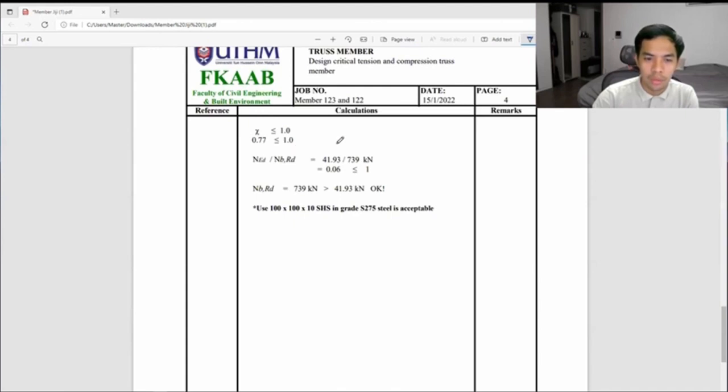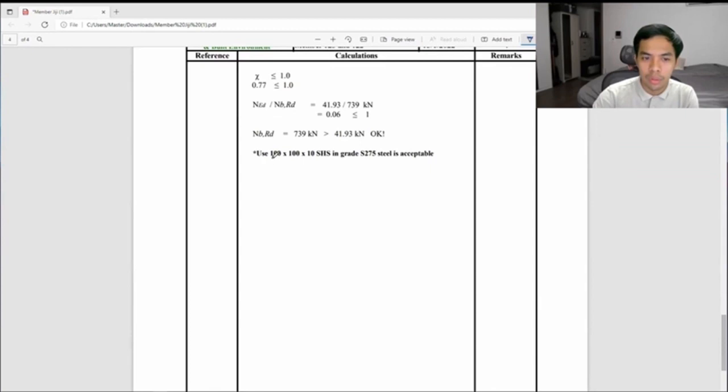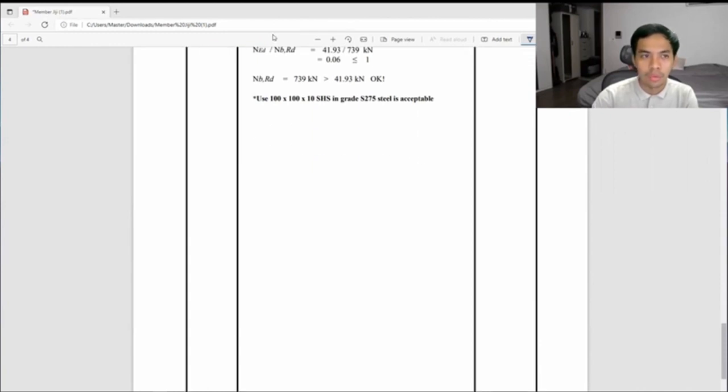N_Ed over N_b,Rd equals 41.93 over 739 kilonewton equals 0.06, less than 1.0. N_b,Rd equal to 739 kilonewton is larger than 41.93 kilonewton, which means that the design is okay and acceptable. So we conclude that we use 100 times 100 times 10 square hollow section in grade S275 steel for our design. Thank you.